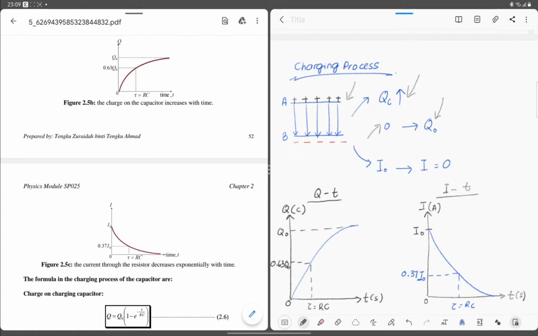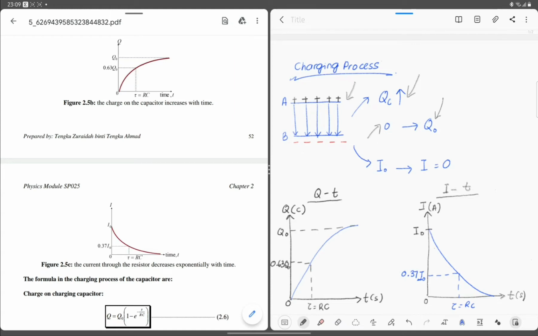That means that at first, I that flow through the resistor is a maximum current. So when capacitor starts to increase charge, voltage across capacitor starts also to increase, and last, they reach the same voltage between capacitor and also voltage supply.